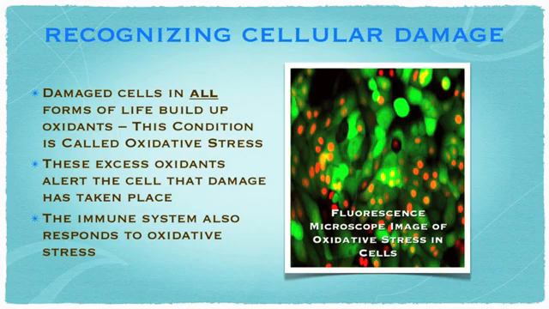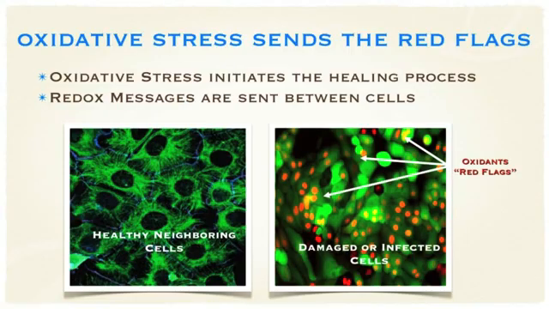So here's an electron micrograph that has a fluorescent stain. It helps us look more clearly at the way cells flag themselves. This is a cell that's full of oxidative stress. This excess of oxidants alerts the cell that damage has taken place, and the immune system responds to this oxidative stress.